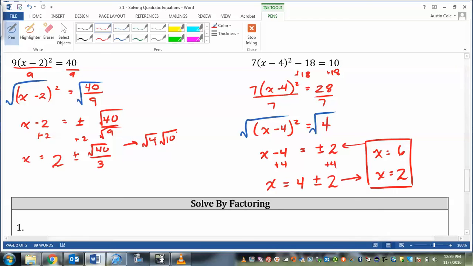And the square root of 4 simplifies to 2. So our final answer then should be 2 plus or minus 2 times the square root of 10 over 3. And that's our answer. Okay?